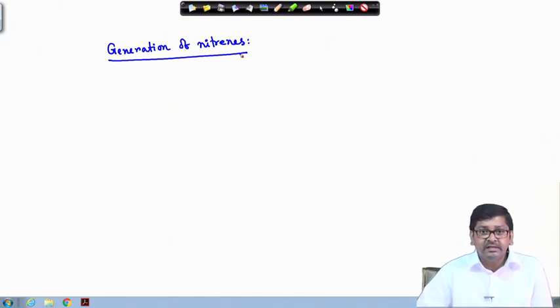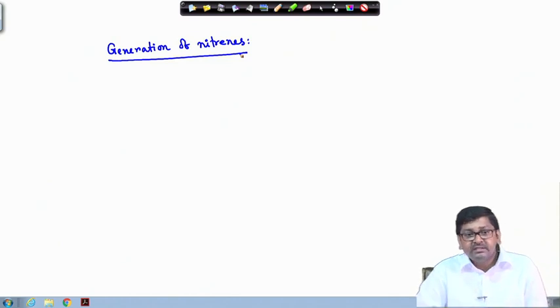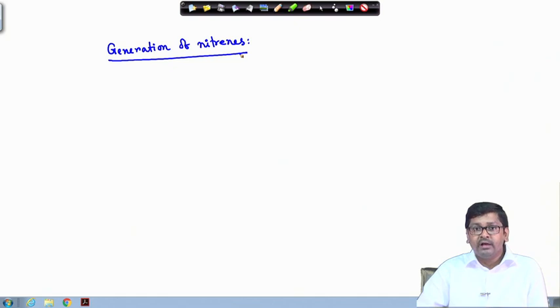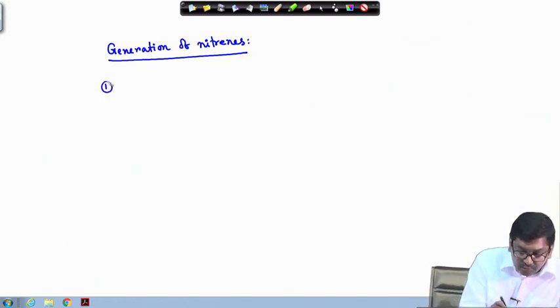Obviously, like in the carbene case, where we decomposed the diazo compounds, nitrogen is eliminated and the electron-deficient carbene species is generated. In this case also, in a similar way, as it is the nitrogen analog of the carbene, we can go for thermal or photochemical decomposition of what? Of azides. Okay.